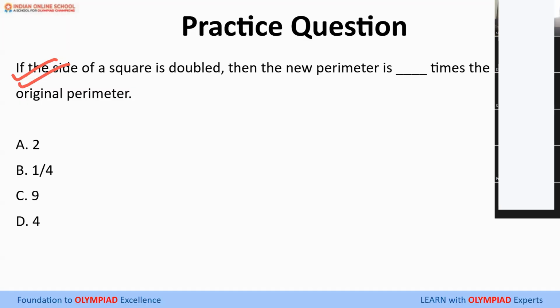Ma'am, 2. Ma'am, the answer is A. Okay, Hanisha says 2. Anyone else? Siddhi, Praneeth? Ma'am, 4. Okay. Anyone else? Ma'am, 2. Okay, so I have a race between 2 and 4. I can see half of the students are in favor of 2, half of them are in favor of 4.